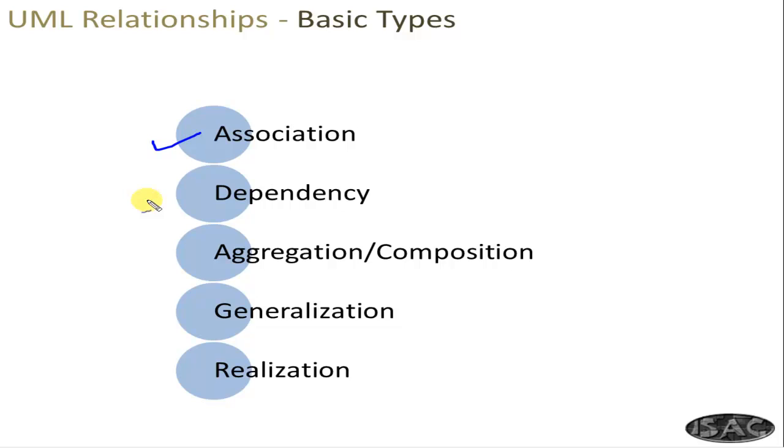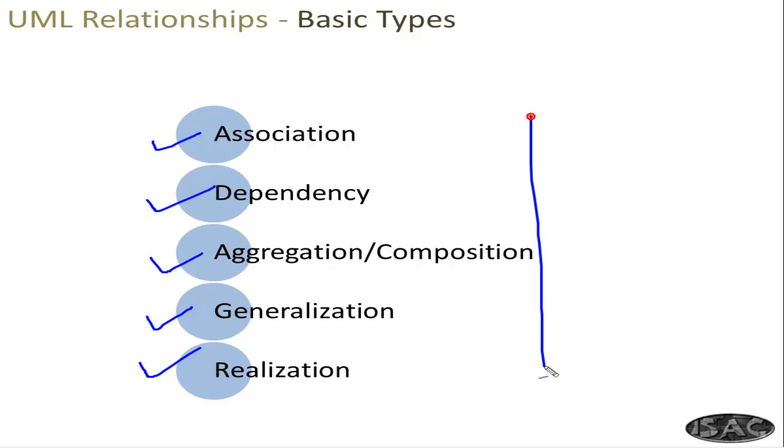Next one is called dependency relationship. Third one is called aggregation or composition relationship. Fourth one is called generalization relationship. Fifth one is called realization relationship.